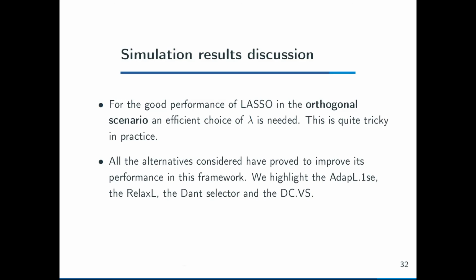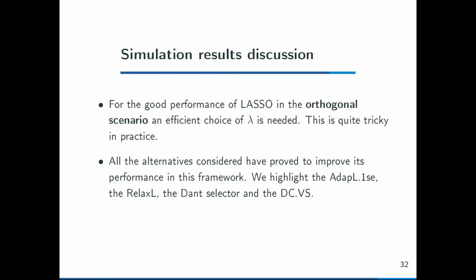But this is quite tricky in practice because we need some minimizing or maximizing criteria in order to choose a value for lambda, and we don't know in advance how to take this optimal value. Moreover, all the alternatives considered have proved to improve its results in this independence context. We can highlight here the adaptive Lasso 1SE, the relaxed Lasso, the damping selector, and the distance correlation for variable selection.